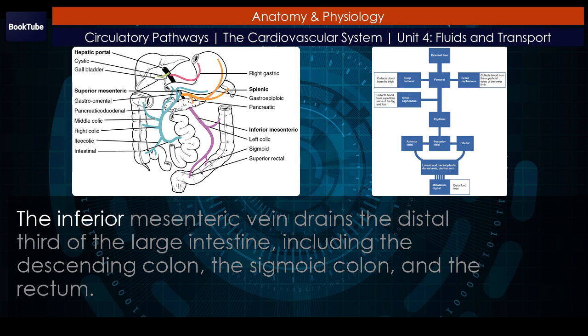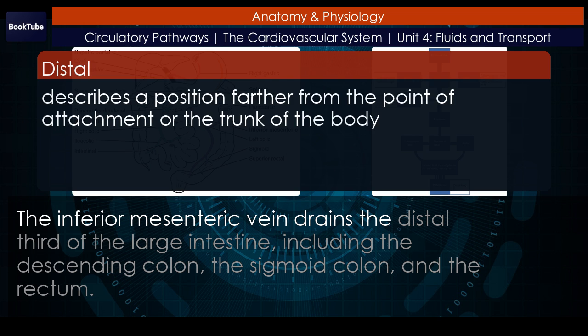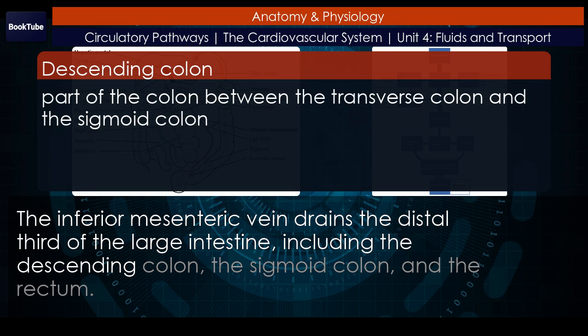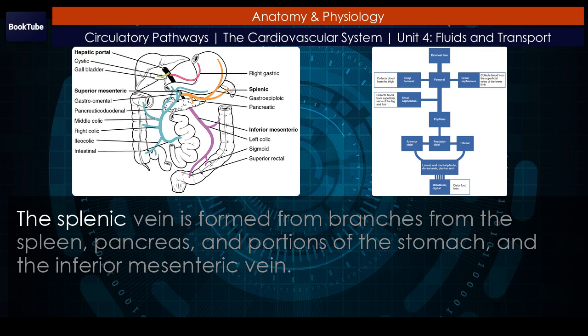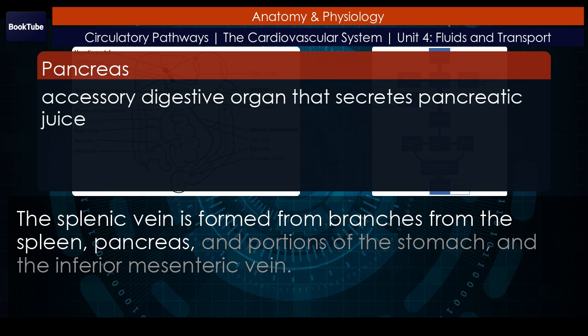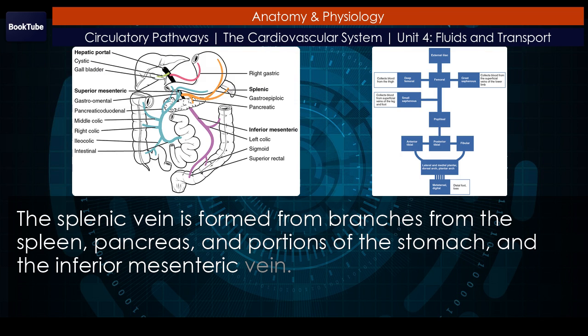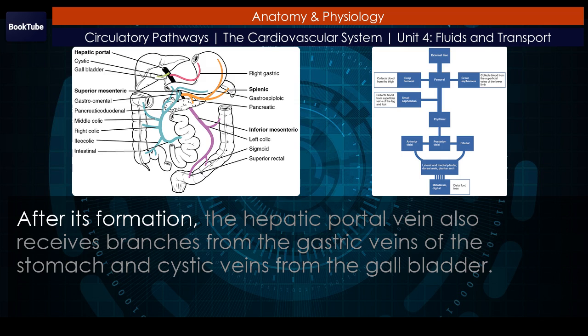The inferior mesenteric vein drains the distal third of the large intestine, including the descending colon, the sigmoid colon, and the rectum. The splenic vein is formed from branches from the spleen, pancreas, and portions of the stomach, and the inferior mesenteric vein. After its formation, the hepatic portal vein also receives branches from the gastric veins of the stomach and cystic veins from the gall bladder.